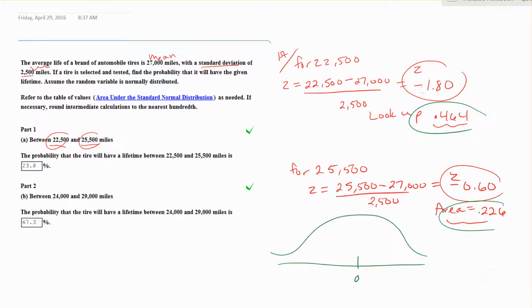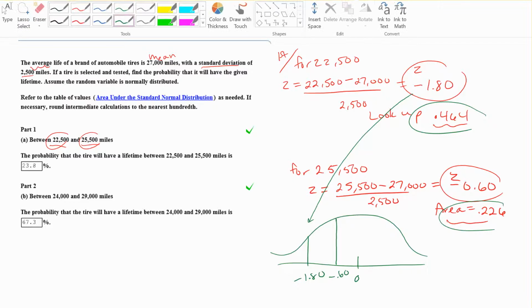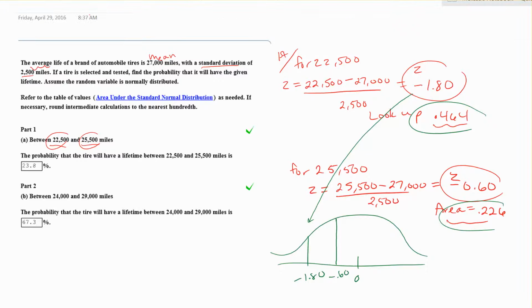I have z equals negative 1.80, so that would be on the negative side. The other z I have is negative 0.60, so that's to the left, halfway there. So you plot your z's on the number line. Next you want to draw an arrow from 0 to the line.